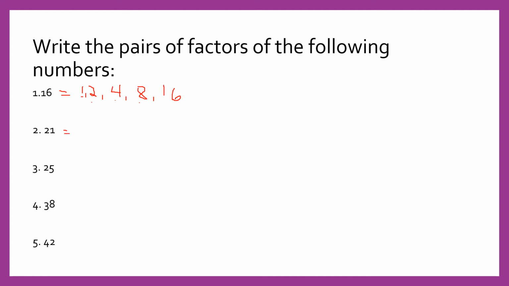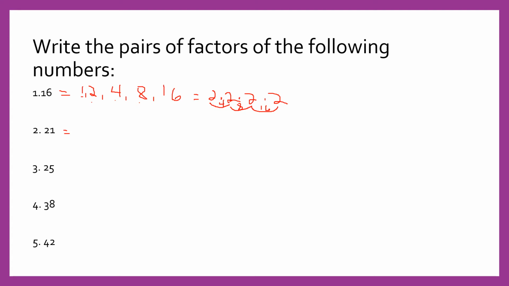Or, pwede ring ganito ang pagsulat, the prime factorization: 2, 2, 2, 2. Prime factorization naman ang tawag dyan. So, 2 times 2 is 4. 4 times 2 is 8. 8 times 2 is 16.